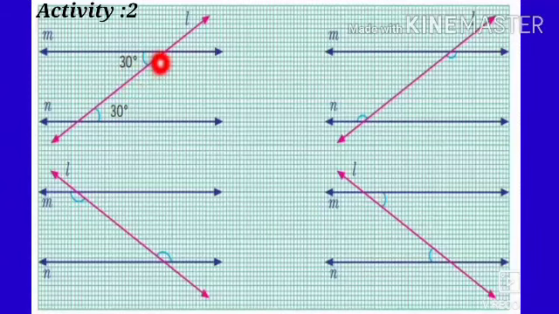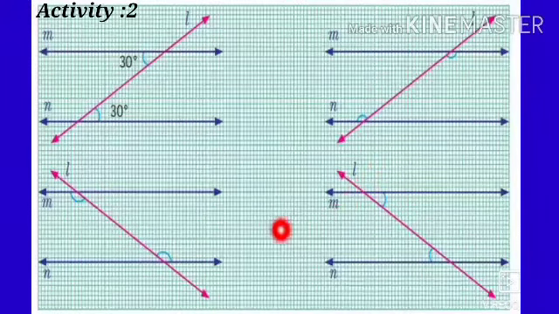So here this is 150 degree, 30 degree, and here it measures 30 degree and here it is 150 degree. Similar is the rest of the examples given here.